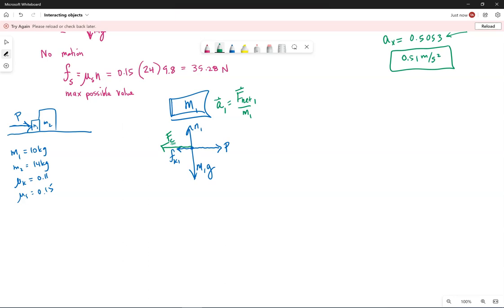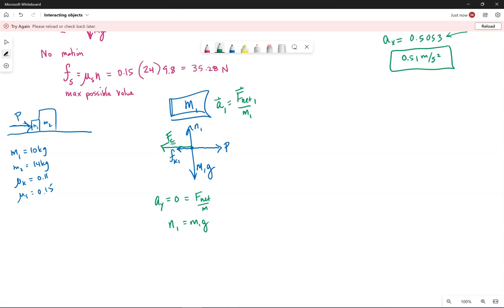Now we know the acceleration in the y direction is 0. Box 1 is sliding across the floor. It's not accelerating vertically at all. That means the net force is 0. Since we have the normal force up and simply force of gravity down, those two forces need to balance each other out.